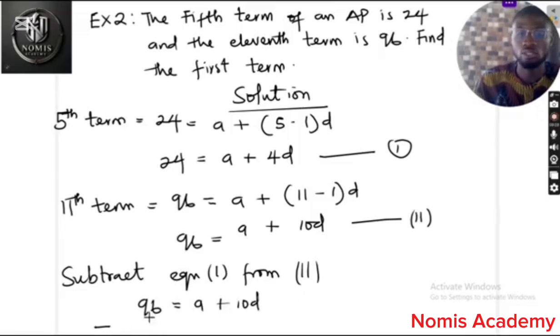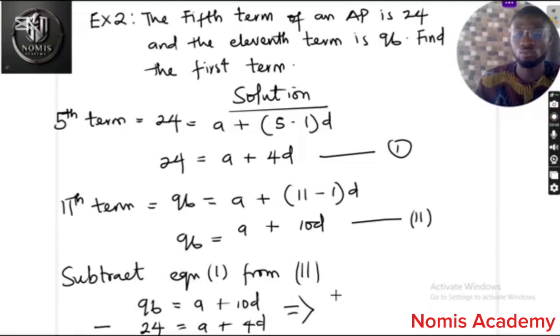So minus equation 1 that says 24 equal to a plus 4d. So let us write it here. So when I subtract 96 minus 24, yes, that is 72.